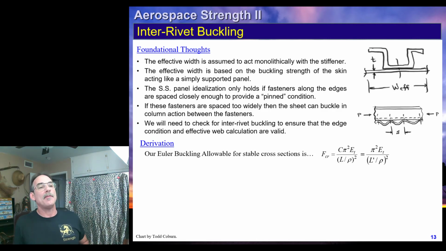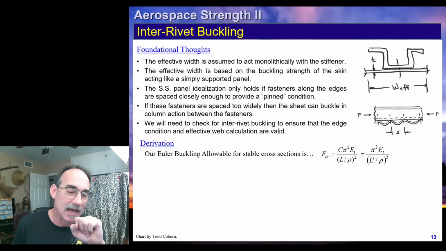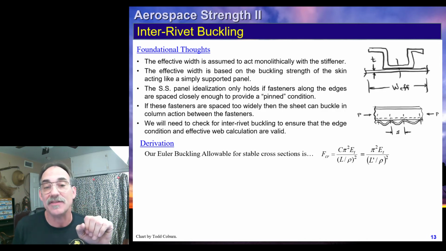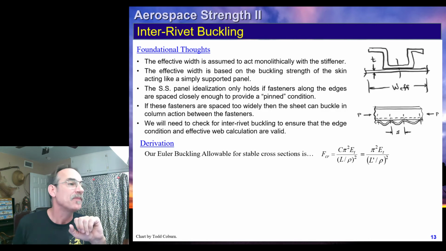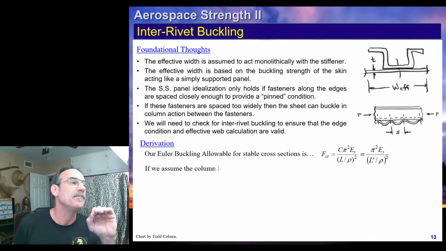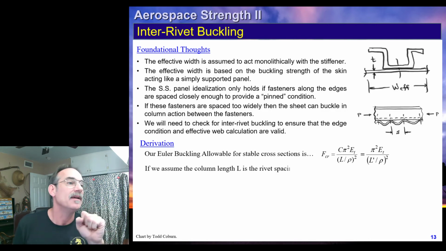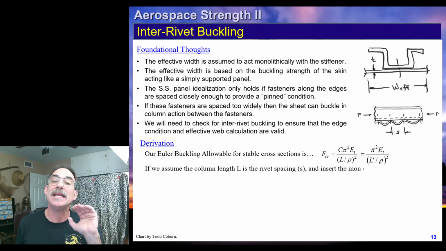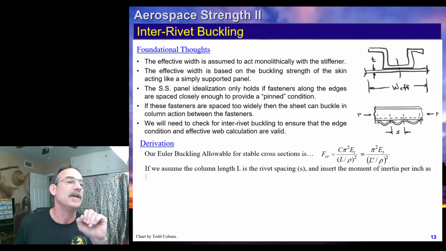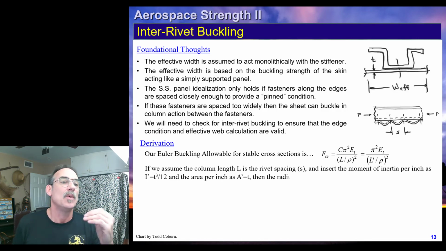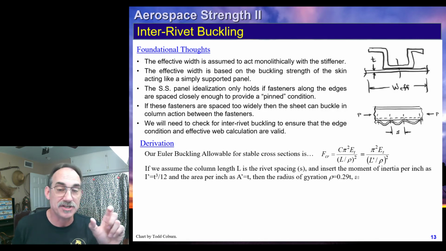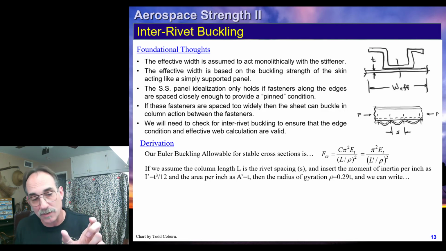We get the L prime over rho, where rho is the radius of gyration of the skin, the square root of I over A. So that is our Euler buckling equation for that thin plate of skin, treating it like a column. If we say that the column length is the rivet spacing S, we plug in the moment of inertia per inch, that's 1/12 b h cubed, or 1/12 b t cubed.